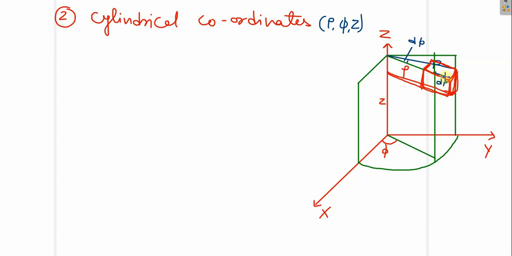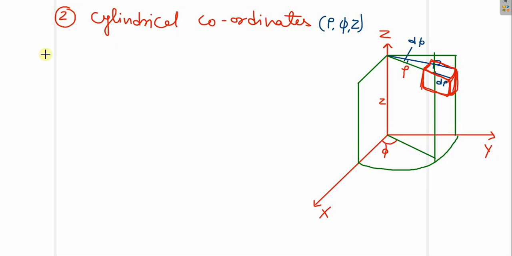We will try to understand what is the differential element in displacement.